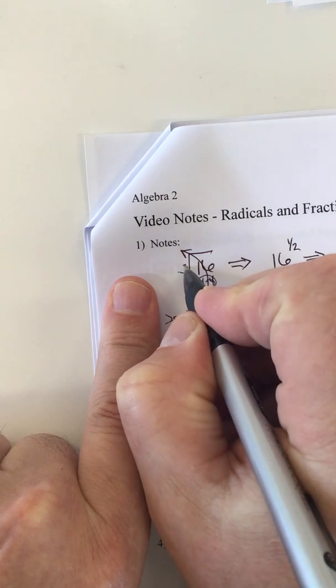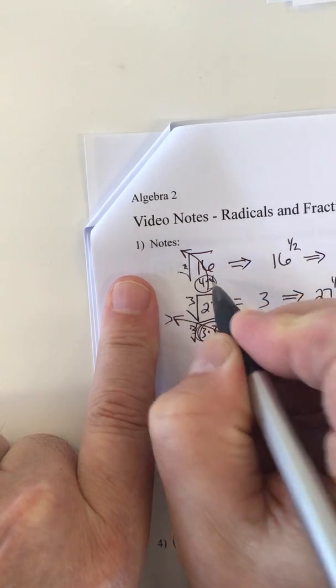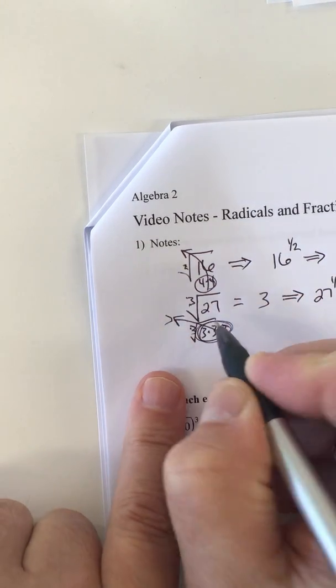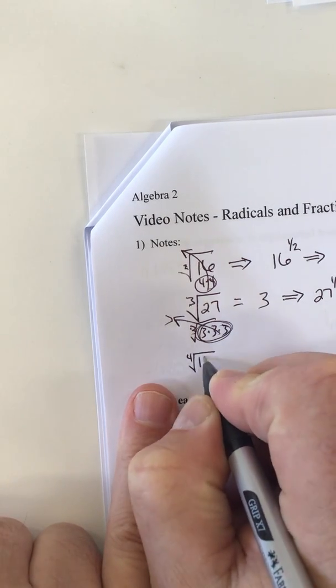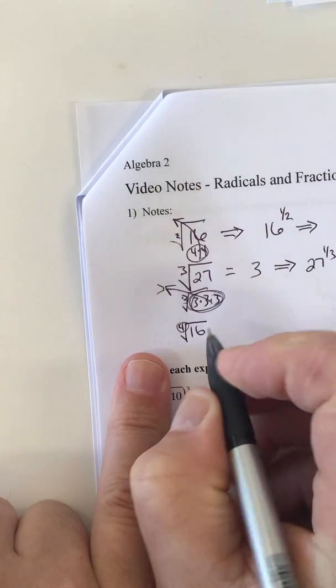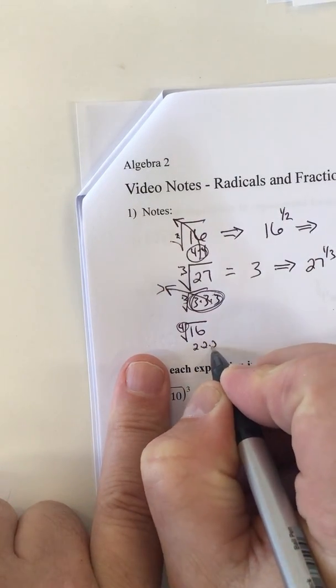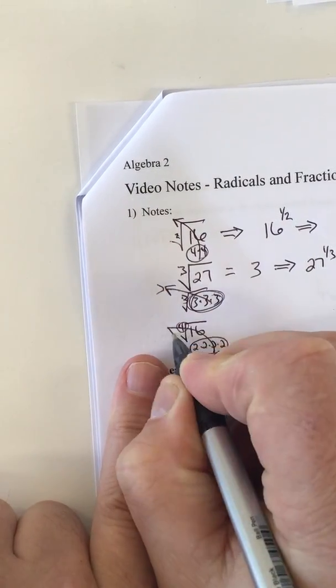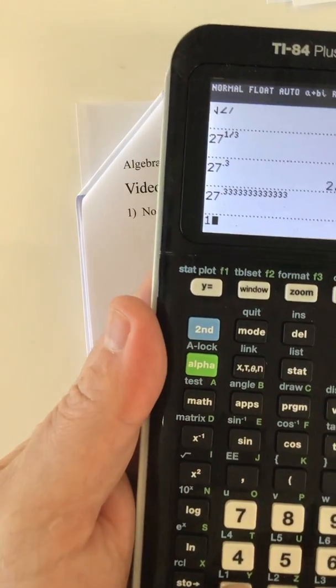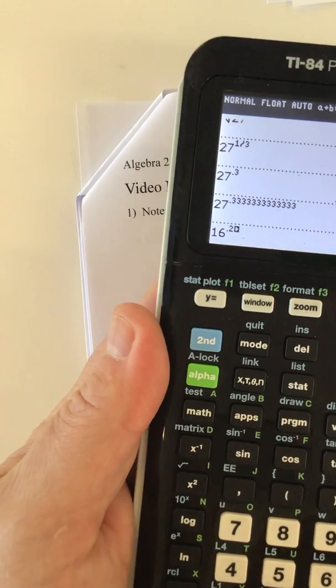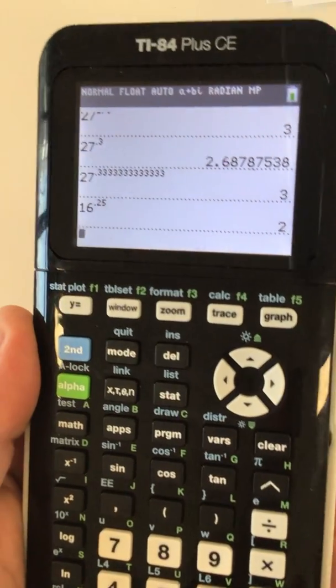So there's an implied 2 right there, a package of 2. Like this one meant a package of 3. So if we wanted the 4th root of 16, that means we need a package of 4. 2 times 2 times 2 times 2. There's a package of 4. The 4th root of 16 is 2. So if we go 16 to the 1/4 power, see, there's the 2.